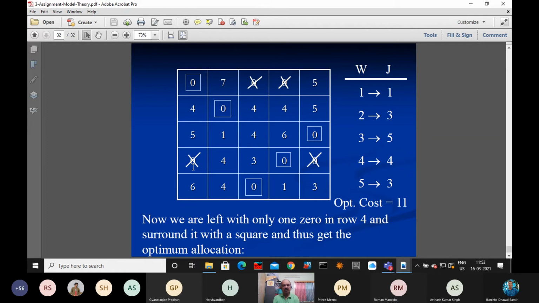So this problem has multiple optimal solutions, because when we find, there are 2 zeros, one of them, there are 2 zeros in the first row and in the fourth row. So you select one of them and drop one of them. So in this manner we have only 2 possibilities. So if there are 2 possibilities, we are saying here this problem has 2 optimal solutions. So the optimal cost equal to 11. Okay, because there are 0, so the optimal cost equal to 11 units.